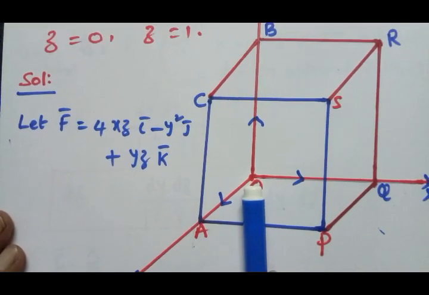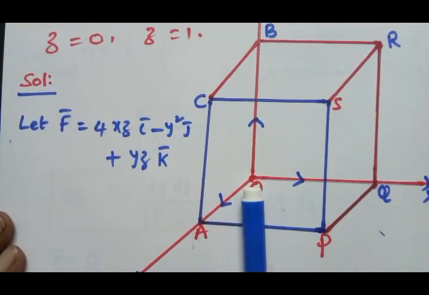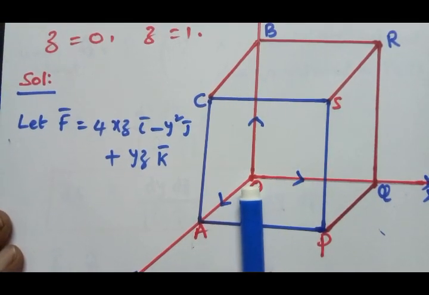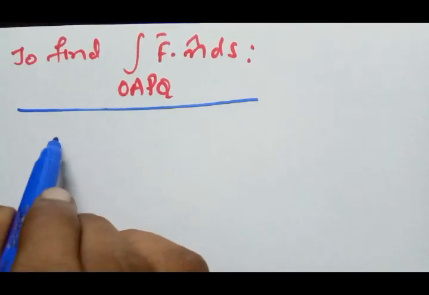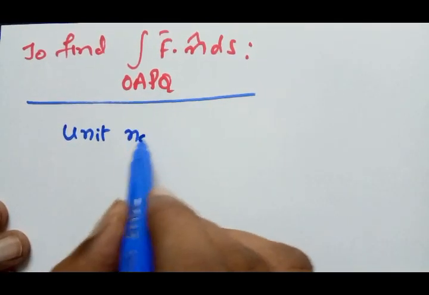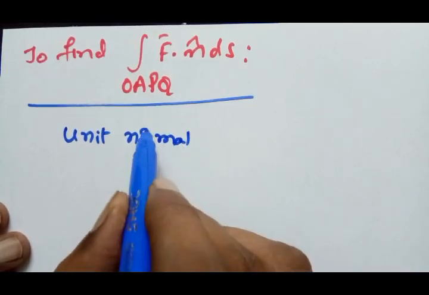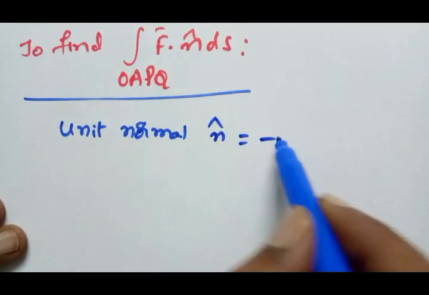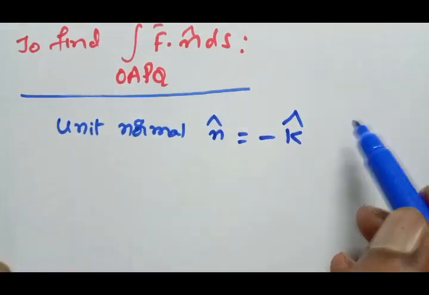This face lies at z equal to 0. Unit normal n cap is equal to minus k cap.